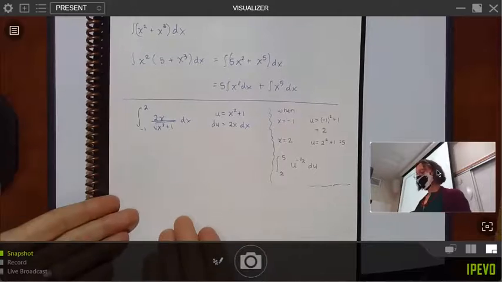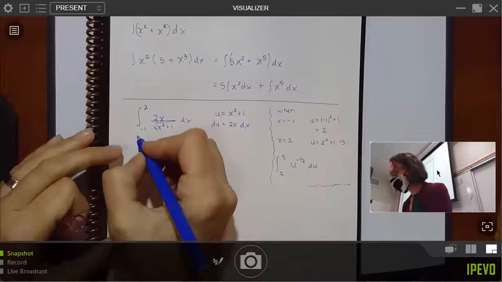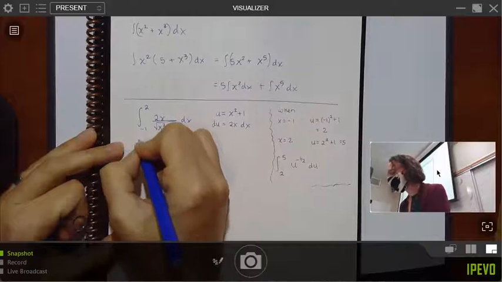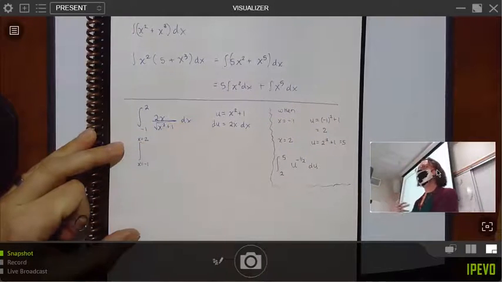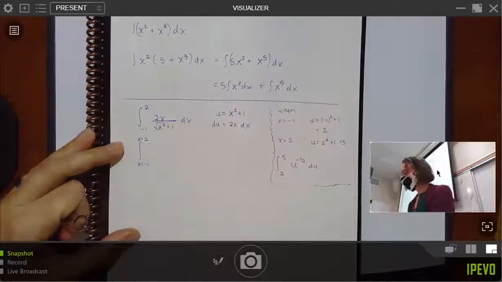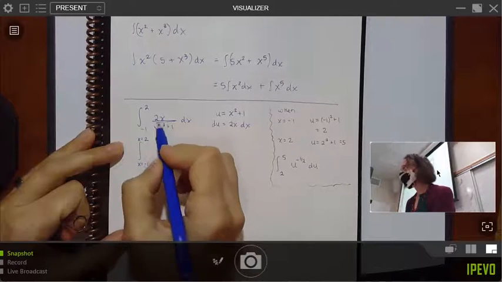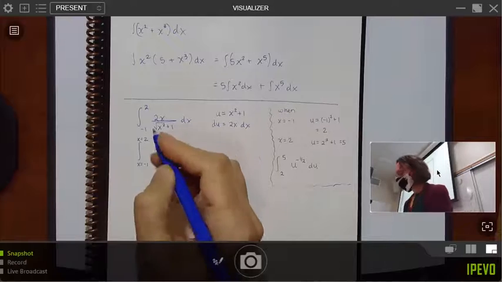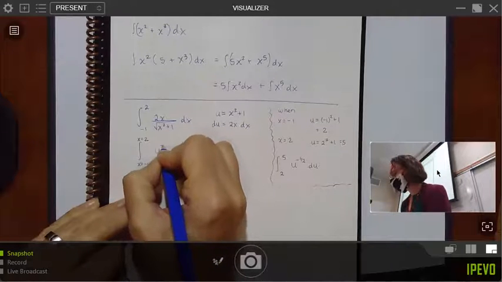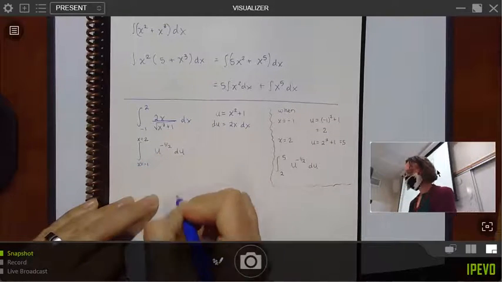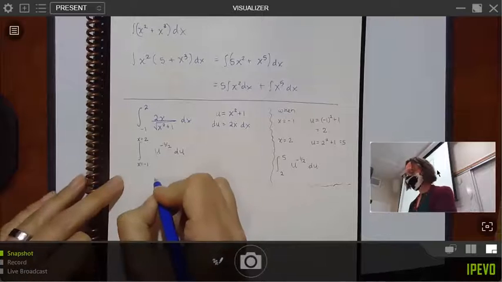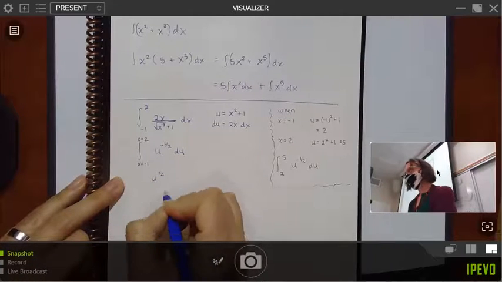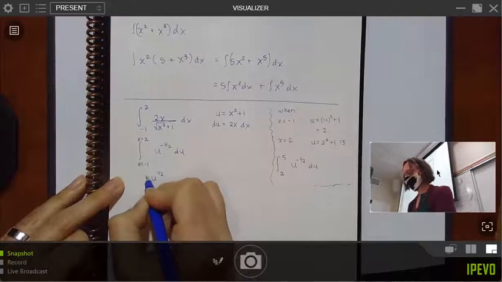Now, if I did it the other way, I like to just remind myself that this is the x value and not the u value, so that I'm reminding myself, hey, plug that back in later. I've got that du, and because it's a 1 over square root of u, I'm going to write that as u to the -1/2 du. So when I integrate this, I'd end up with u to the +1/2, but then we're dividing by a 1/2, so it's the same as multiplying by 2.